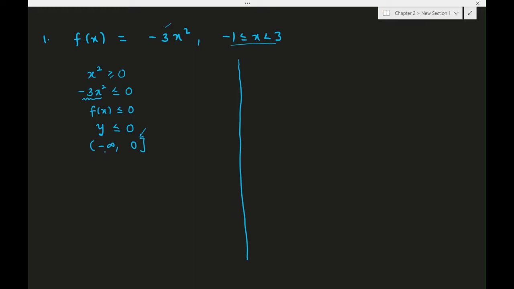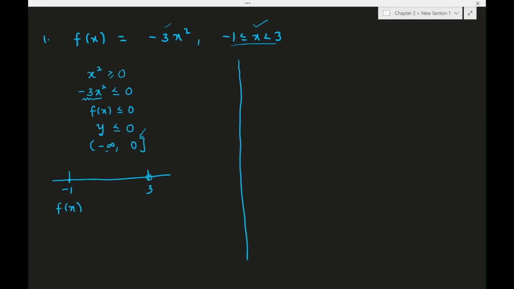We need to find the minimum value of y when we take x from this restricted domain. The restricted domain is minus 1 closed to 3 open, right?